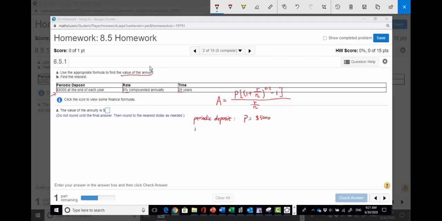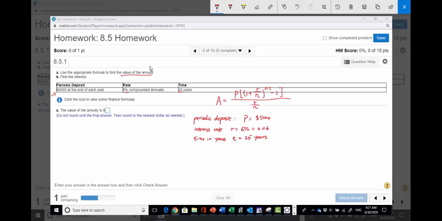The interest rate R is given as 6%, which is 0.06. And then the time in years, which is the T, is 25 years.